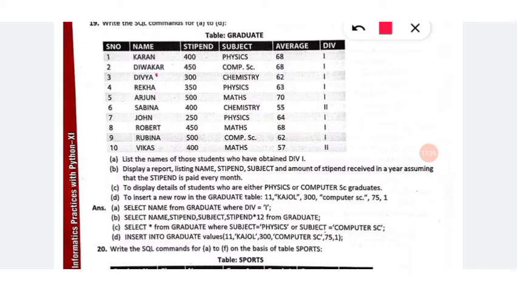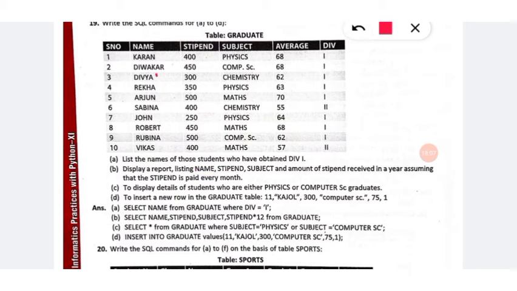Then next one, display a report. So report, then also you have to use select statement. Display a report listing name, stipend, subject and amount of stipend received in a year, assuming that the stipend is paid every month. So we have to display a report, that is a table containing the name column, stipend column and subject column, and annual stipend, that is yearly stipend, but here we only have the stipend in a month.